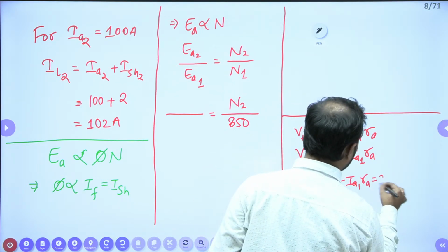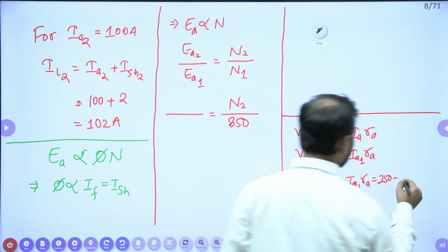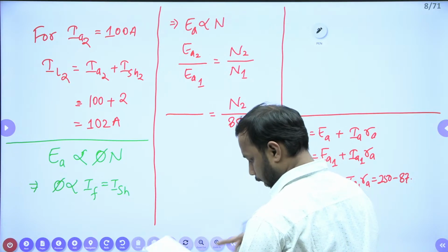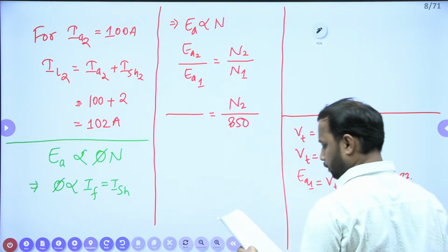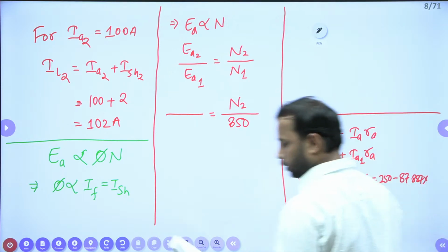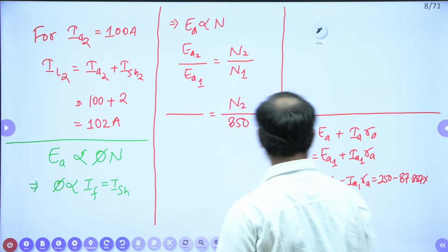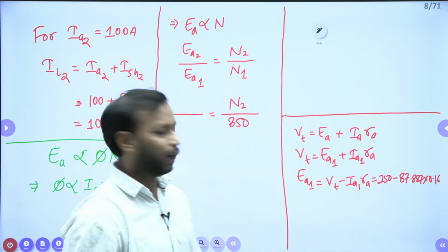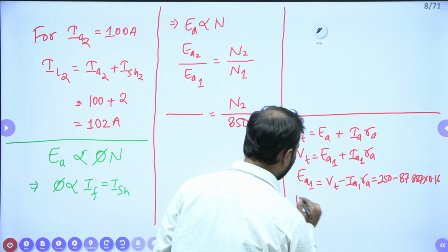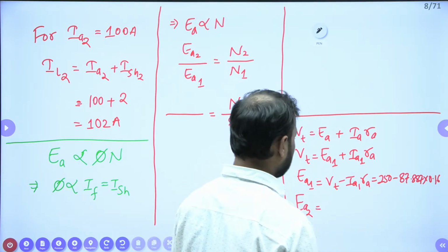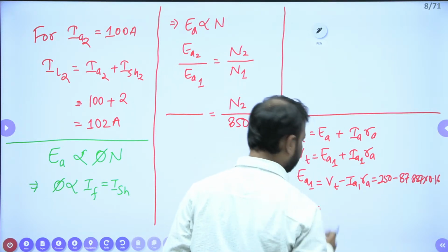So VT is 250 minus IA1, which is 87.887, into RA. We have calculated RA as 0.16. In the same way, if you calculate EA2, let me write the result directly here.